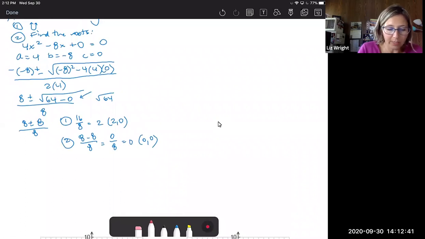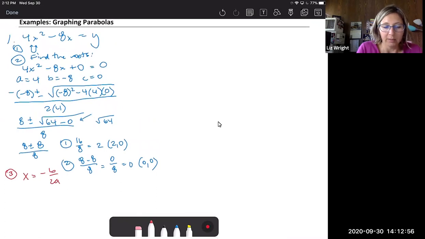Then step number 3. What does it say we're doing? We're finding the axis of symmetry. Axis of symmetry is going to be x equals negative b over 2a. Well, check it out, right? This first part, if you go back to your quadratic formula, this negative b over 2a is right here. That's that part of the quadratic formula.